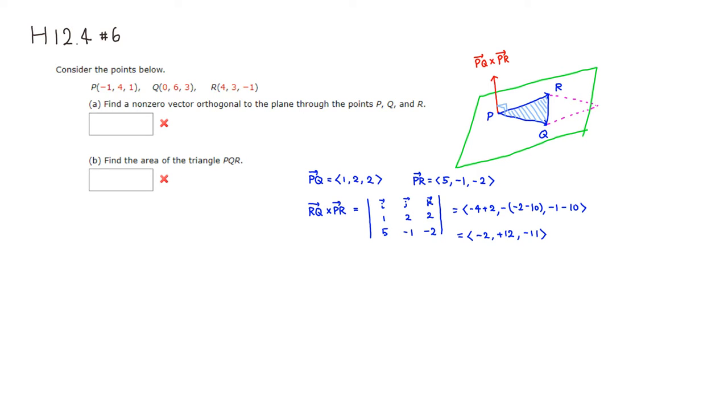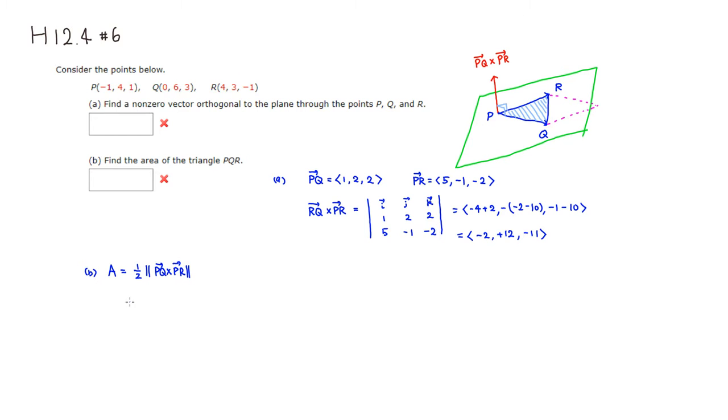So the area A, for part B, and this was for part A, is going to be 1/2 of the magnitude of the cross product of PQ and the vector PR.